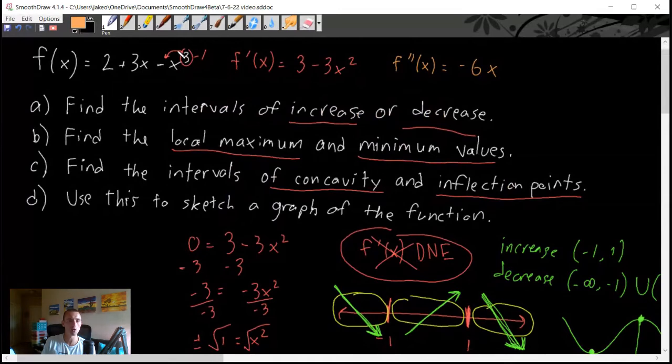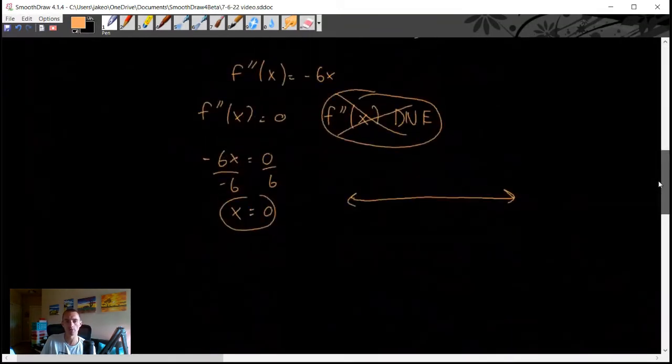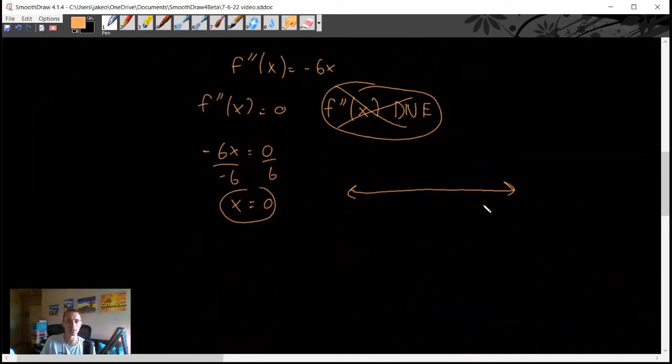If we had a limited domain on this f of x, we wouldn't want to use all numbers. We would want to basically cross off whatever sections of our domain are not going to work. In other words, we only want to look at the x values that are a part of the domain of our original function f of x. In this case, that is going to be all real numbers. So our number line is going to be from negative infinity to positive infinity.